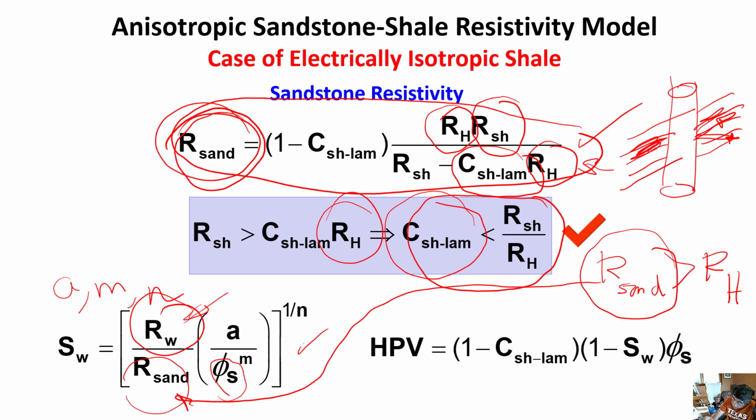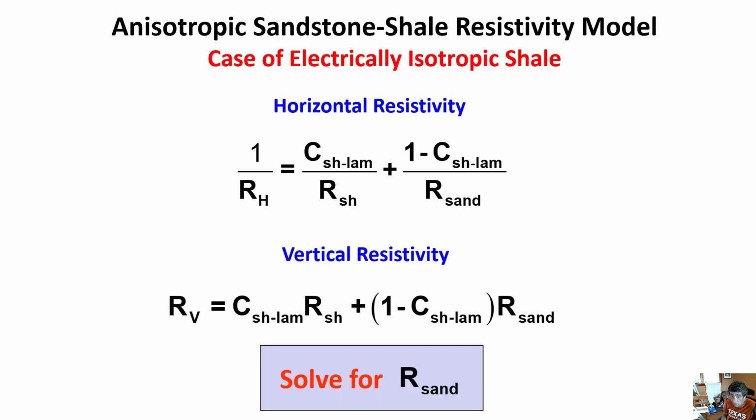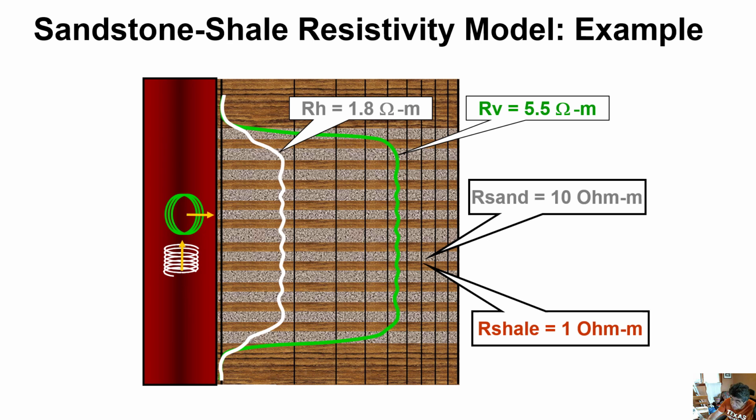Last but not least, to calculate the hydrocarbon pore volume, the formula here is slightly different from the formula that we had before. Why? Before, for clean sandstones, that was the formula: hydrocarbon saturation times sandstone porosity. That's what we did. But sandstone porosity here is the one that we calculated. But now remember that because we have all of these lamina of shale here, when you take a volume, the volume will include the lamina of sandstone and shale.